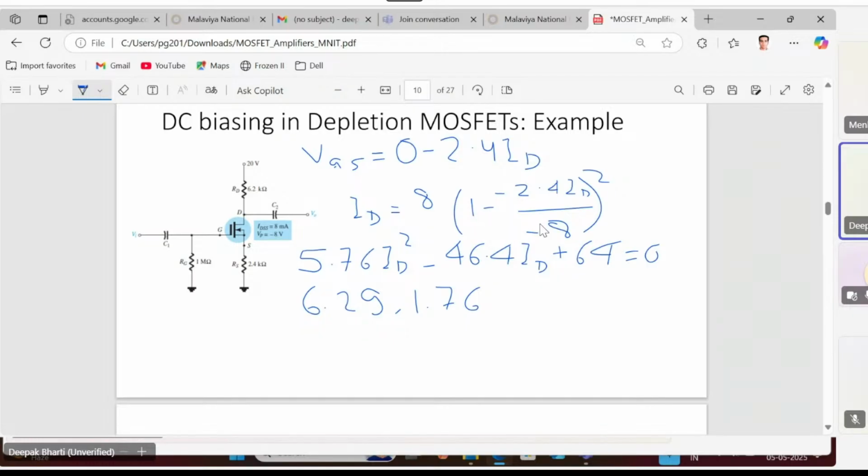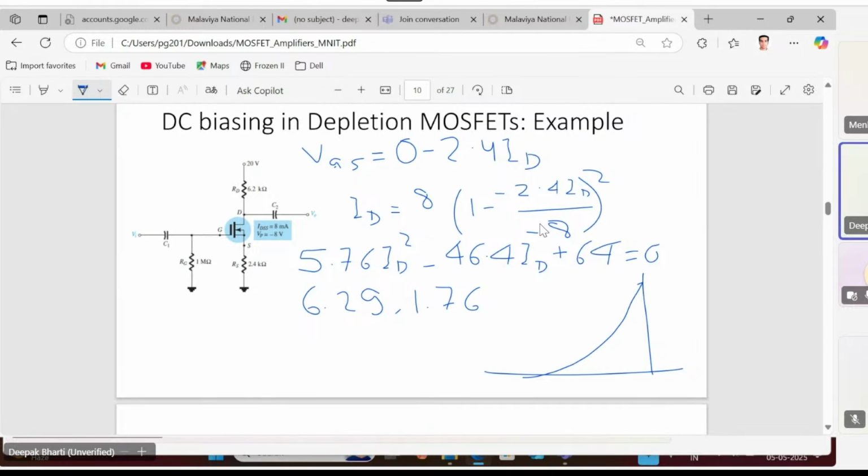Okay, so now these are the two solutions. Which one of them is to be selected? To make a decision, we will follow the transfer curve and the load line.